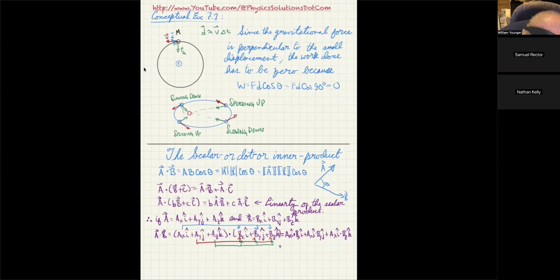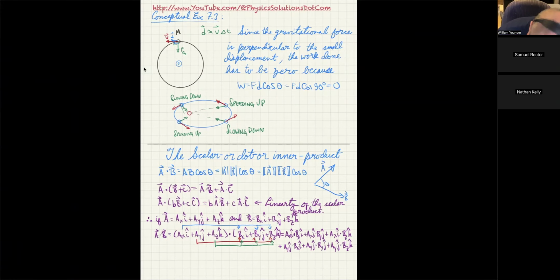Now the second three terms are AY j hat dot BX i hat plus AY j hat dot BY j hat plus AY j hat dot BZ k hat. That's the second three terms, which are the red ones.